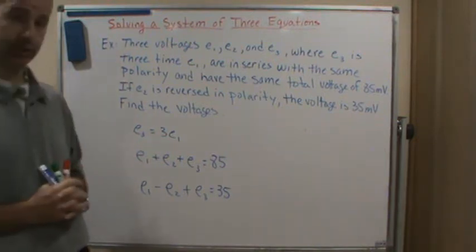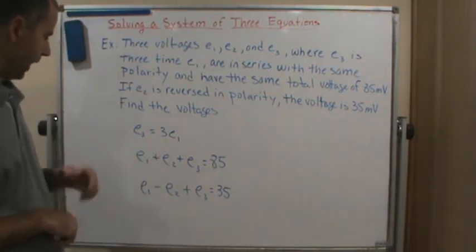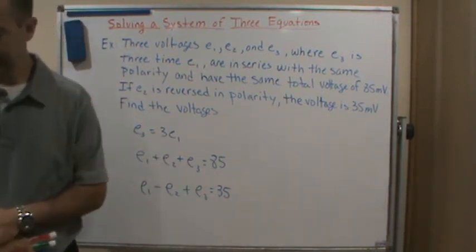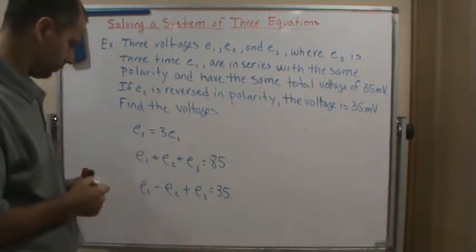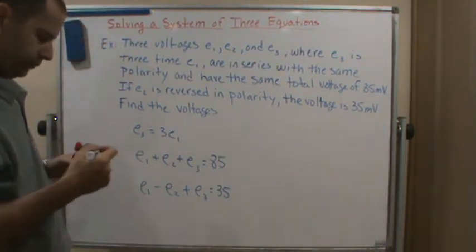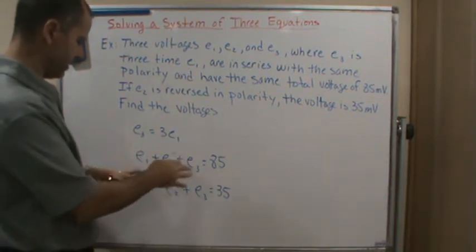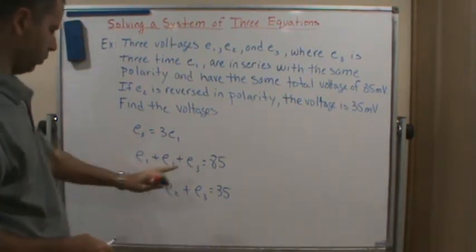Well, we've got to reduce to two equations with two unknowns. We've got E3 is equal to 3E1, right? So let's set this up as a system of three equations, three unknowns, the way we did before.